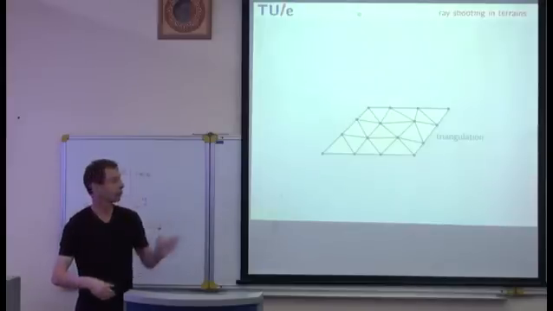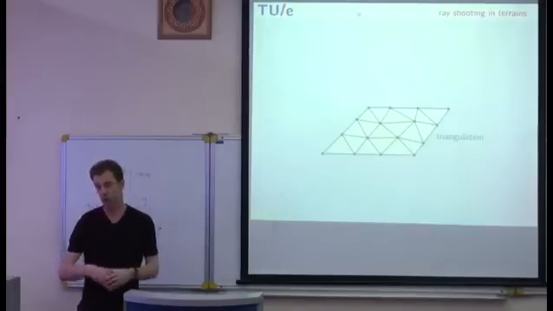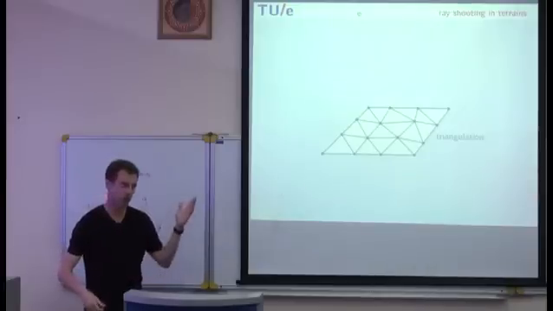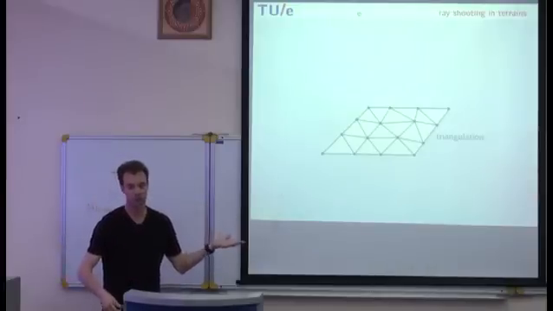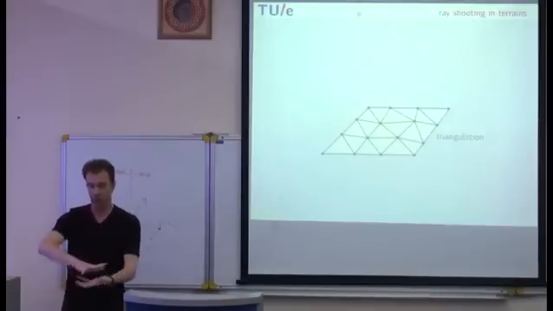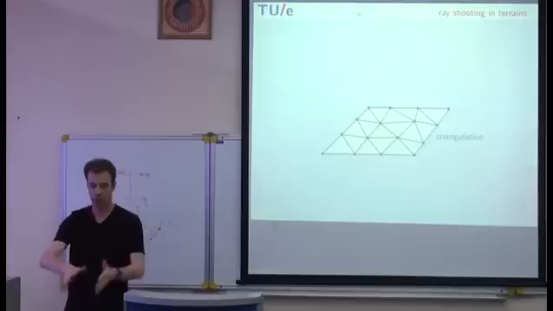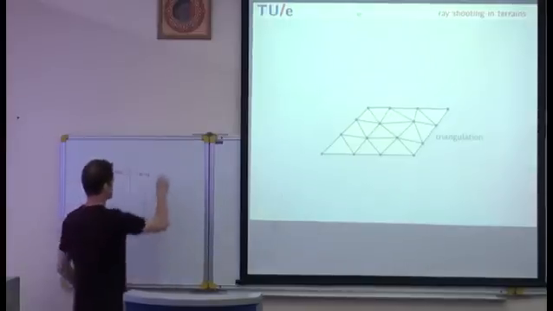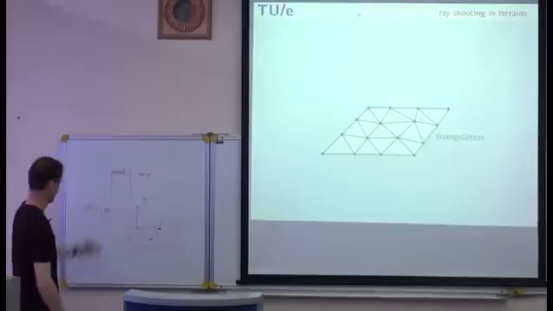The other model, which is what we're going to use, which is sometimes also used in geographic information systems, and which is the most popular model in computational geometry, is that you don't have a grid, but you have a triangulation. And the disadvantage of having a grid is, well, let's say, what is this?